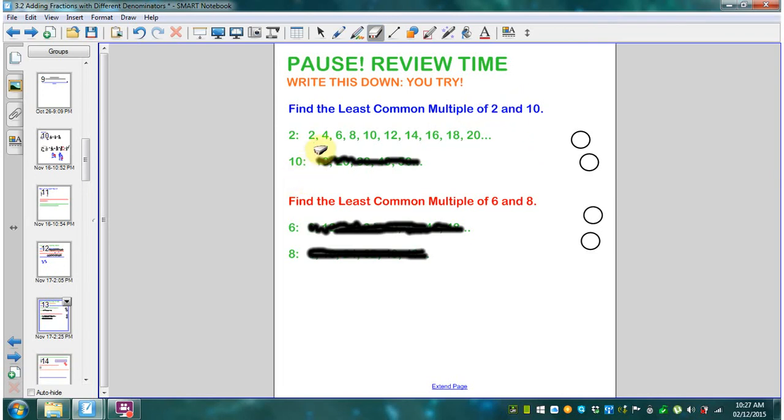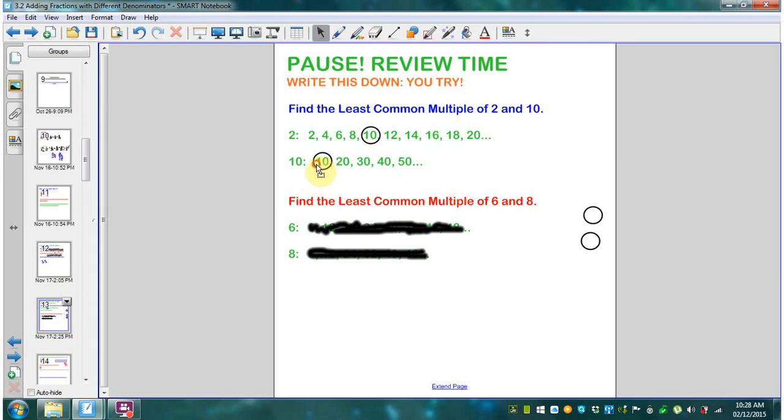Okay, multiples of 10, 10, 20, 30, 40, 50, and so on. Okay, so now what's common here? Do we have a 2? Nope. 4, 6, nope, we don't have a 6 in both. 8, nope, we don't have an 8 in both. Okay, 10. We have a 10 in both.